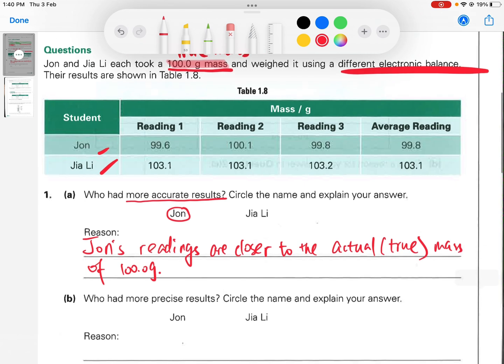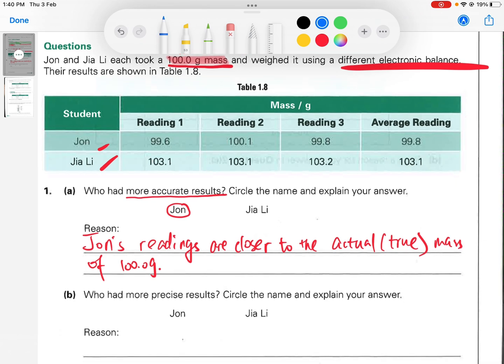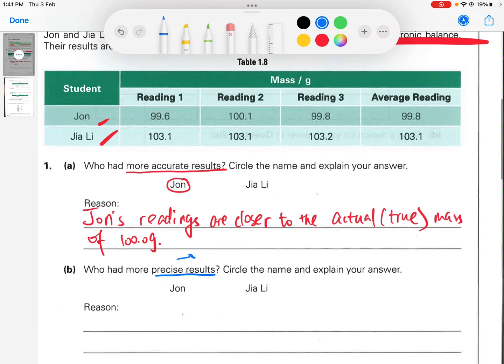Okay, who had more precise results? This word precise, meaning precise results, means the readings are close to one another. Whose readings are very close to one another?